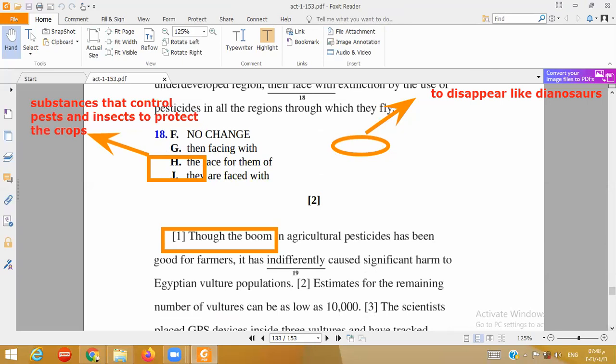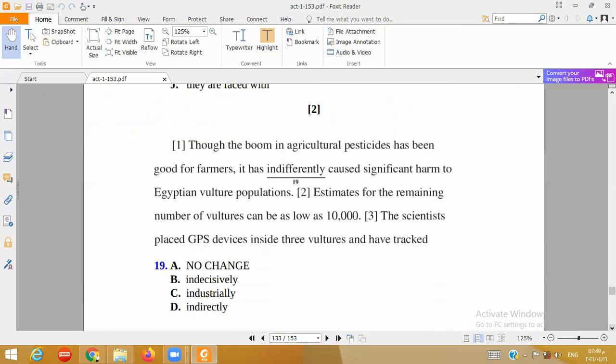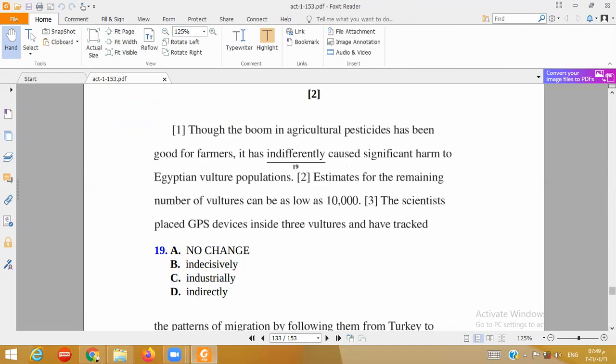Let's move to the second paragraph. Yeah, Mariam, can you read? Though the boom in agriculture pesticides has been known to be harmful, it has indifferently caused significant harm to the Egyptian vulture population.